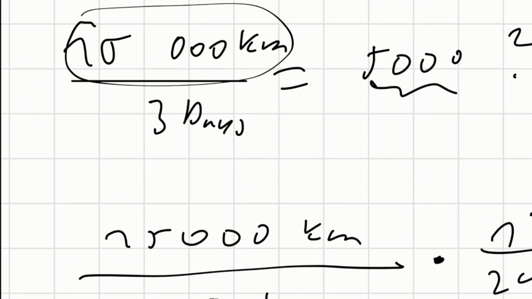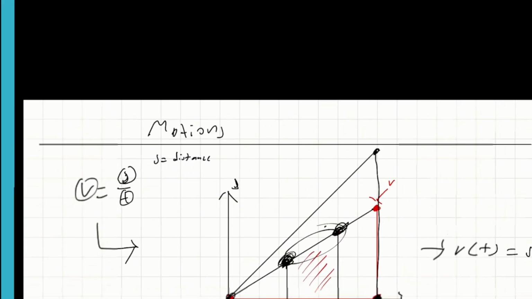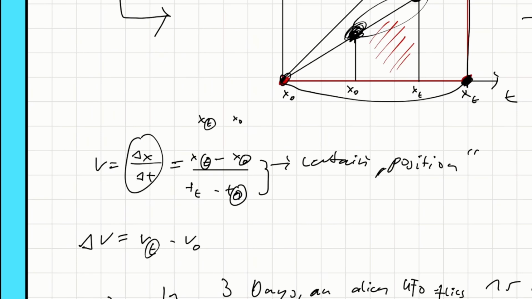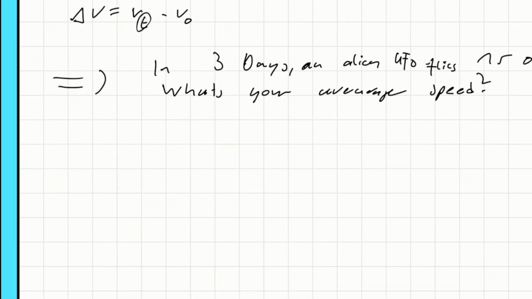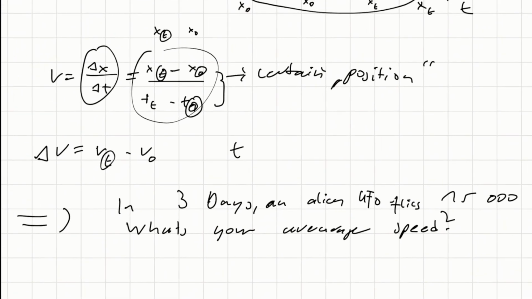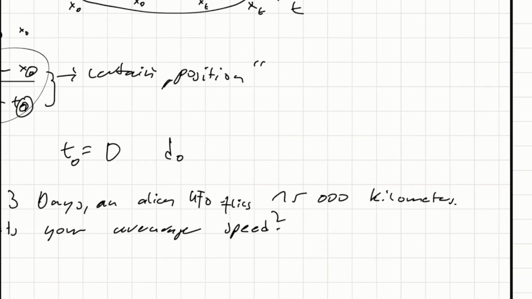So we're just dividing this by time. The only thing you actually have to take is this formula. You don't need this, because you know your beginning situation: your t0 is the beginning, so it's 0, and your distance d0 is also 0, because we're thinking of this as starting here at 0.